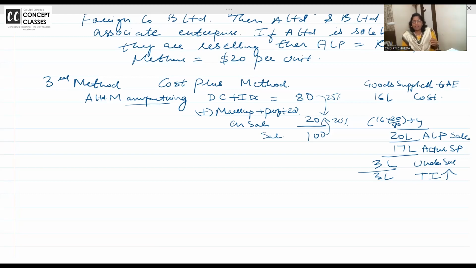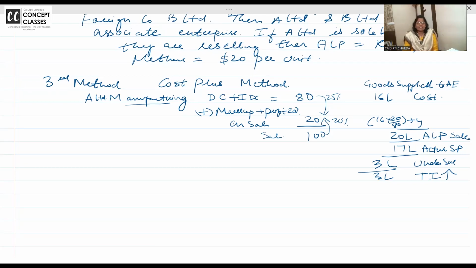Okay. I know that if my manufacturing cost is 80, my profit is 20% on sales or 25% on cost, the way I have written, and I'm selling it at 100. Now I have supplied some goods to my associate enterprise, whose cost was 16 lakhs. And we know in 16 lakhs, 25% is the profit, 4. So I should have sold at 20 lakhs to my associate enterprise.